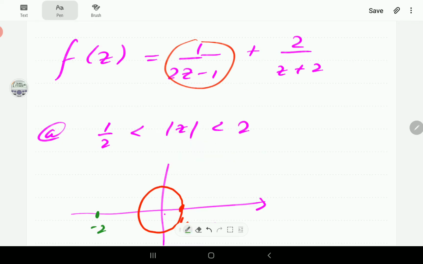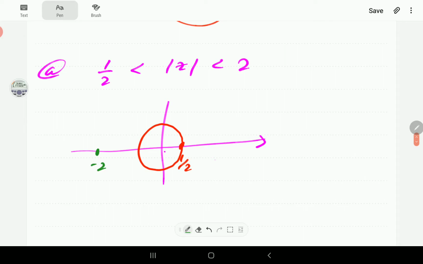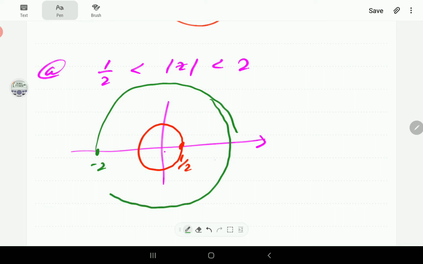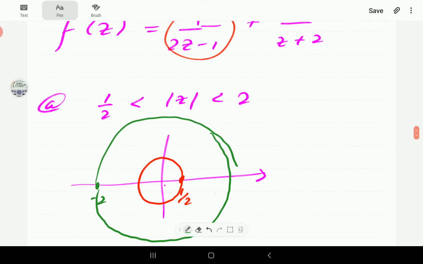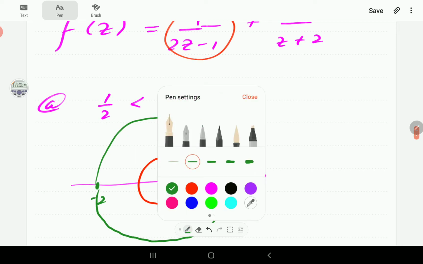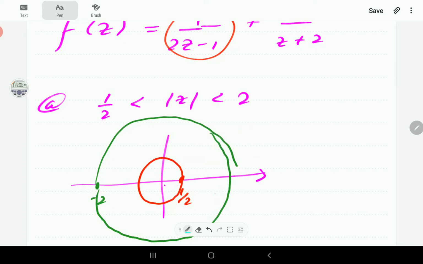Then I'm going to do a green one at radius 2. So that's a circle centered at the origin, radius 2, that just touches the singularity. So the region of interest is outside the red circle but inside the green circle.